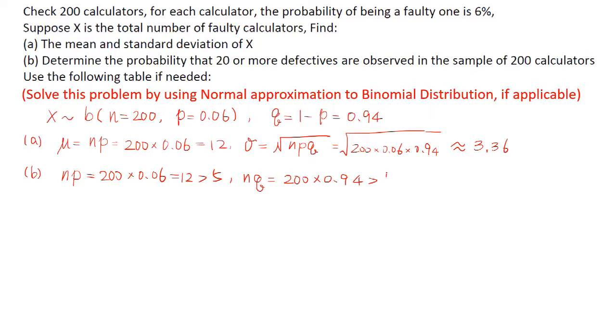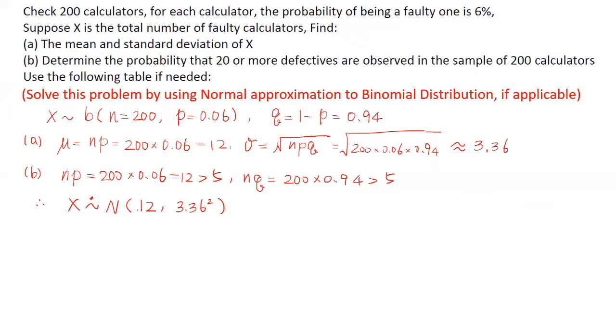Apparently this is greater than 5, right? So X here approximately follows a normal distribution with two parameters. The first parameter is mu, which is 12. We have already calculated, right? The second parameter is the standard deviation squared, right?